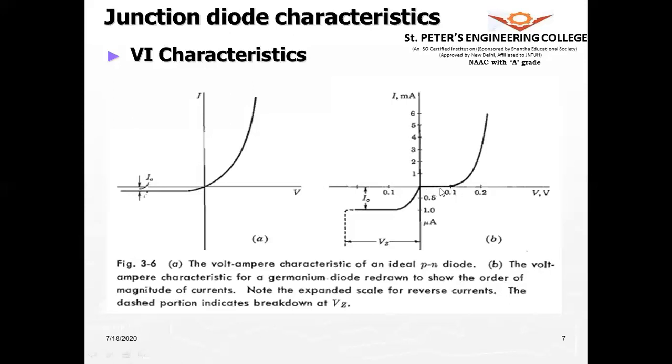That means it should not switch on for all the wrong voltages. So having the higher voltage, that is the 0.7 volts, will be of greater advantage.